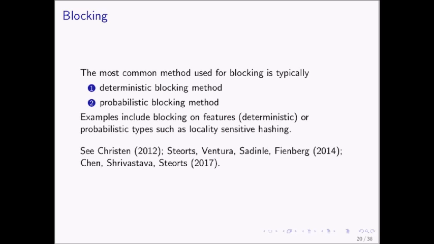Well, maybe I think gender is fairly accurate. And so I may decide that I'm just going to partition everything on gender and treat it as a deterministic feature. Then I'm going to block on this feature and not consider it in my model at all.